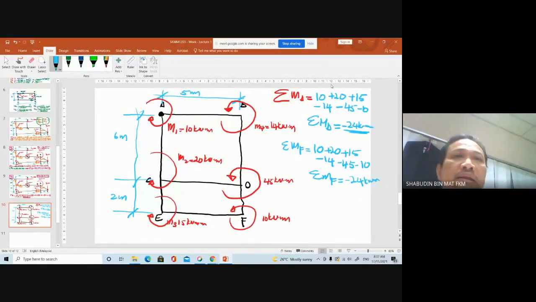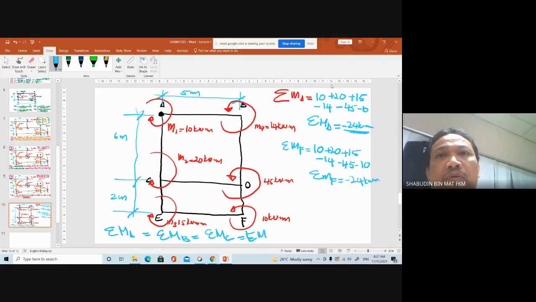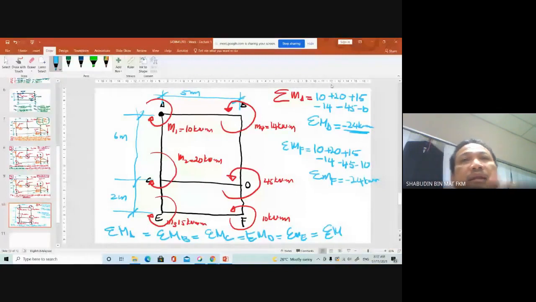So in this case, you can see the summation of moment at point A equals the summation of moment at point B, point C equals point D, and point E equals point F. It's telling you what?